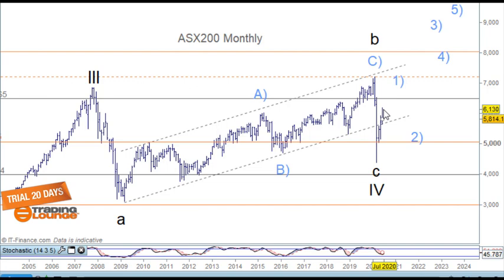So we don't have the full 5 waves here yet, and that's what we're looking for: a move to the upside as wave 1, and then wave 2 coming back. We've only got 3 waves up here. Only having 3 waves up is corrective, and that means that pulling up to the 61.8% mark means that the market can come down and make new lows here.